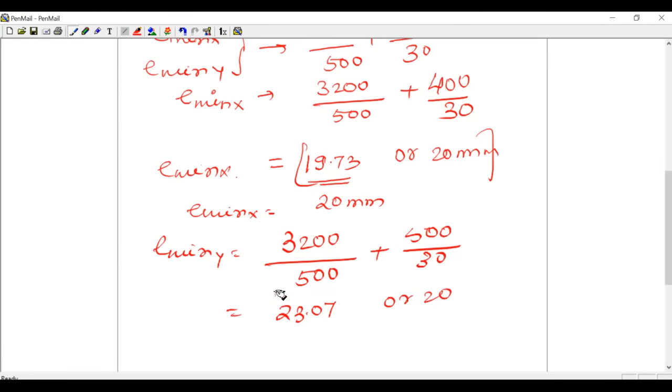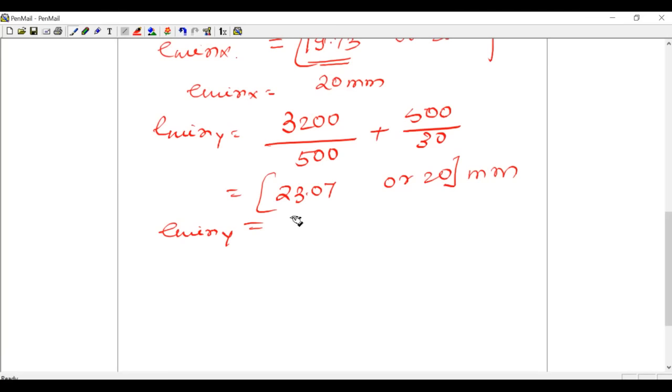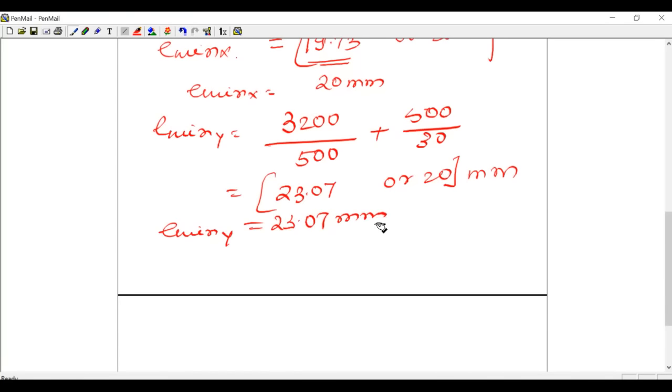Among these two values, whichever is greater will be considered as e minimum along the y direction. So we have 23.07 as the eccentricity.